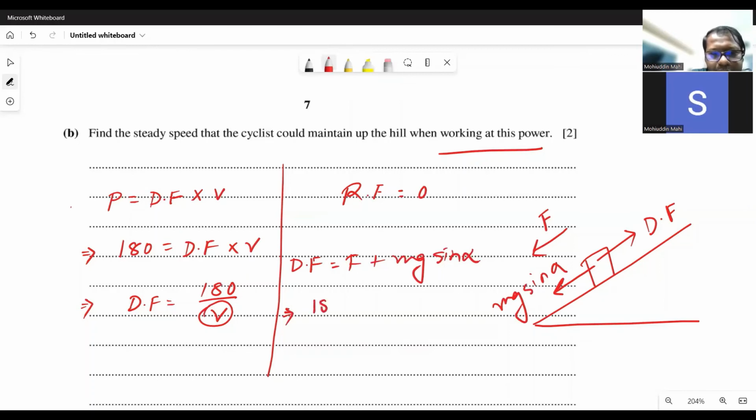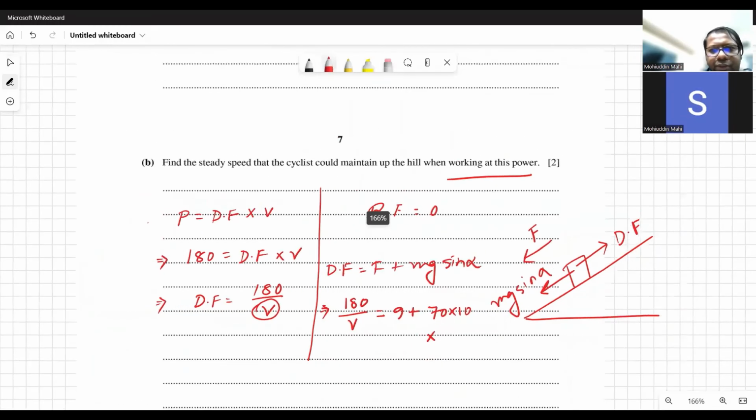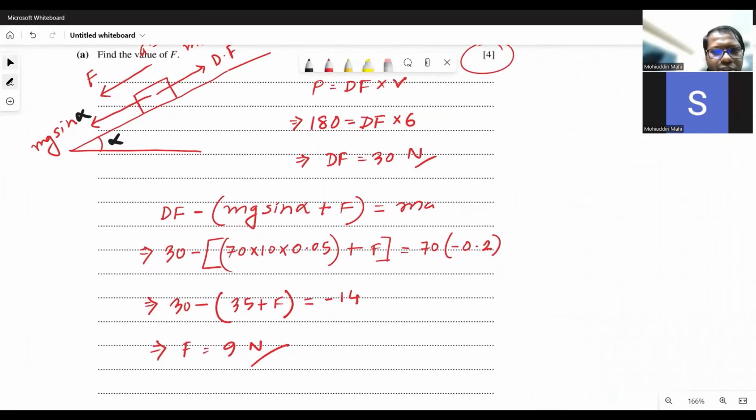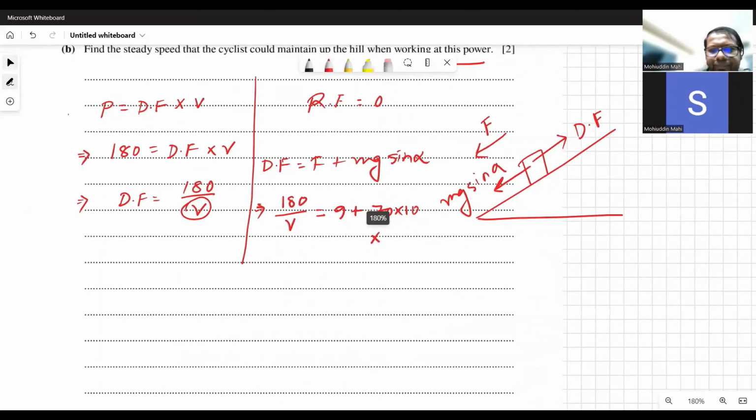Driving force is 180 by V. The resistive force we found as 9 Newton in the previous question. Mass was 70 kg, so 70 into 10 into the value of sine alpha, which was 0.05.